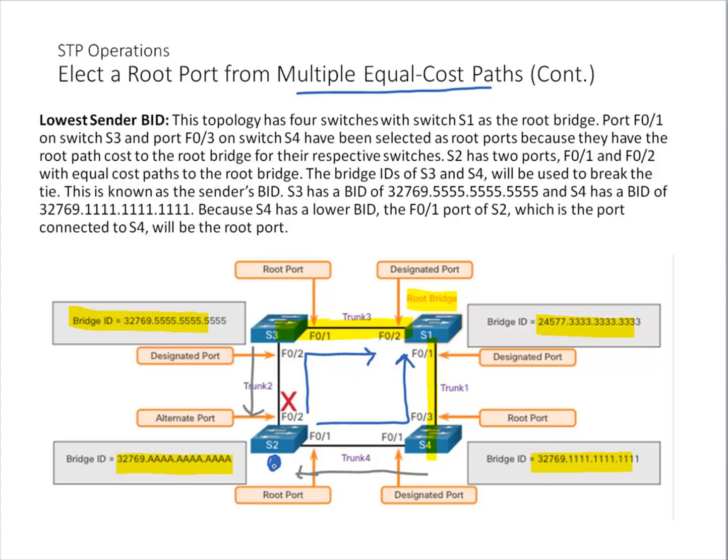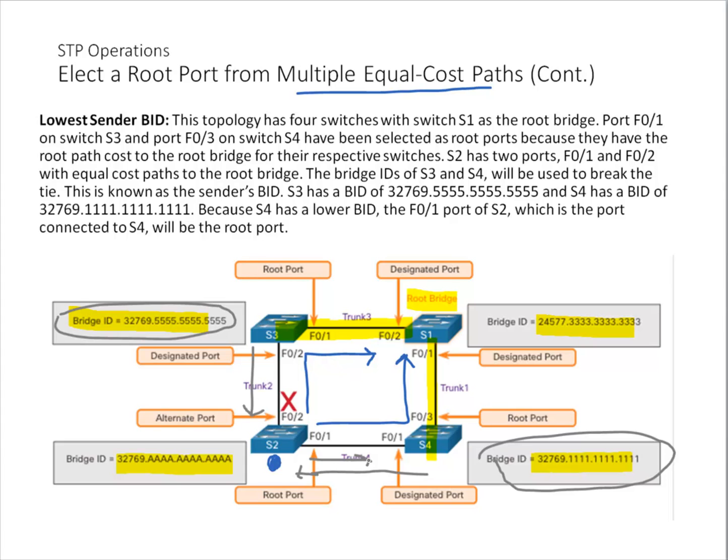Now in these two BPDUs, whichever has the lower BID, bridge ID, will be selected. If you compare these two values, the bridge ID of S4 is less, so it is going to select this particular path.